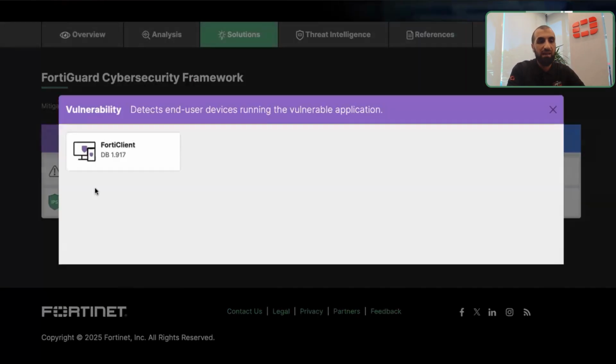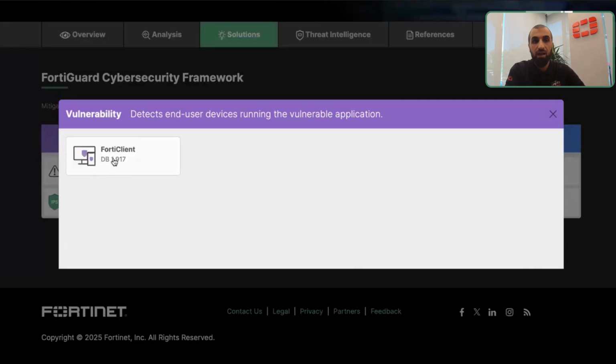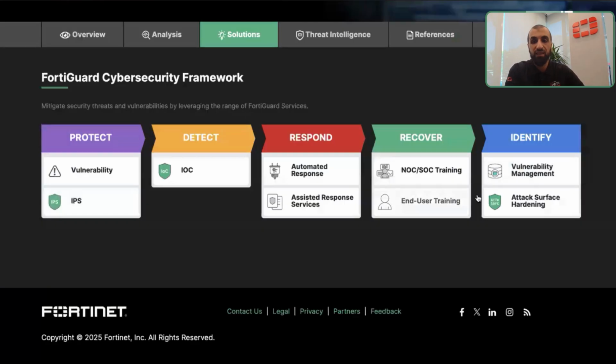Also, we have FortiClient, which also has a related signature as well. And it's vital to monitor indicators of compromise. From a detection perspective, you can use these indicators of compromise to sweep your environment to search for any possible compromise.